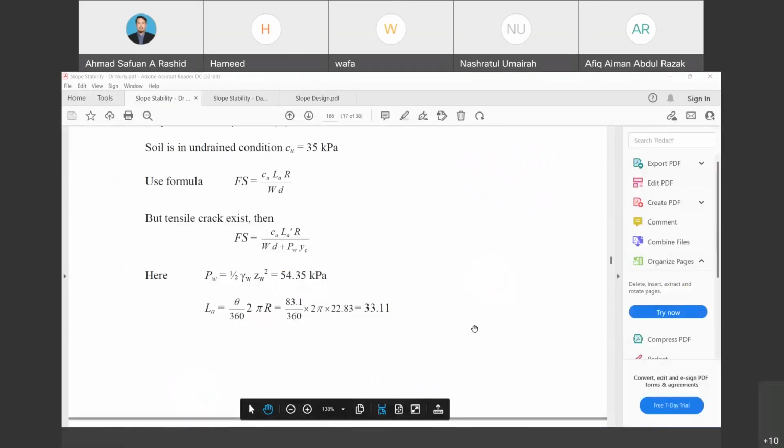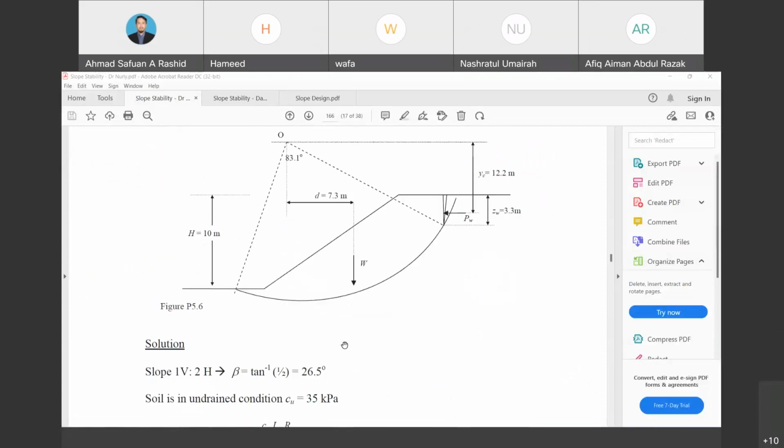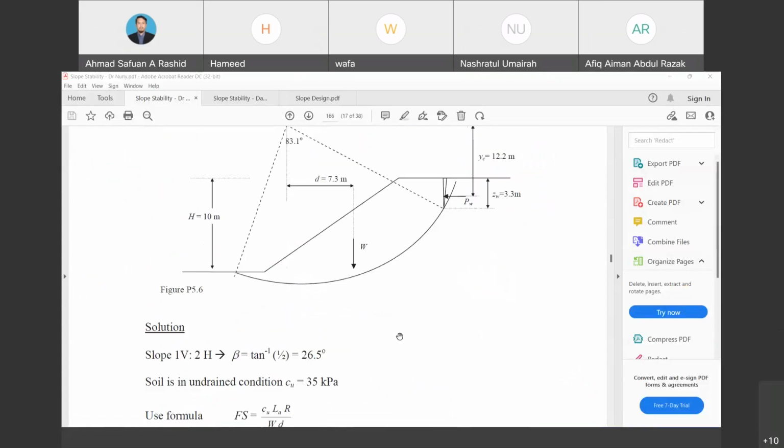So from there, Dr. Noli obtained 54.35. Actually, it's not 54.35. You can try to calculate, and I guess the value is 53 something. Then later on we determine the LA. Due to this tension crack, the LA, the effective length, has been reduced, so it becomes 83.1 degree.